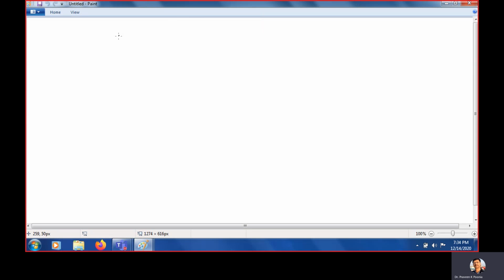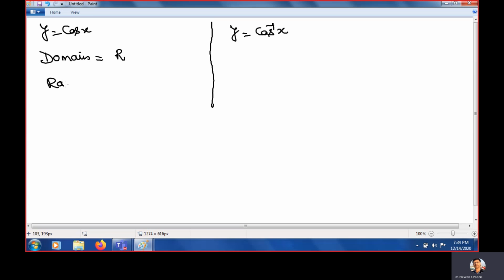Now if we study y is equal to cos x and y is equal to cos inverse x, the domain and range, then the domain, if you remember, for cos x is R, while the range for cos x was minus 1 to 1.